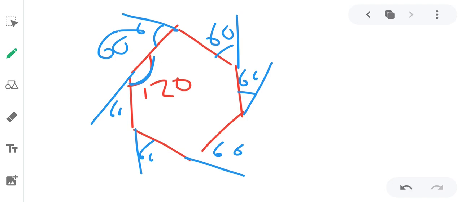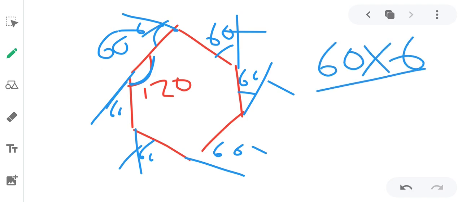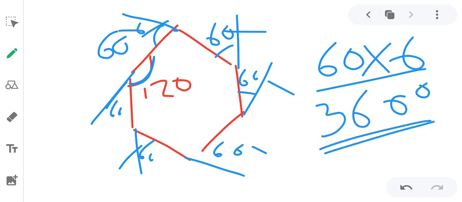So how many external angles are formed there? 1, 2, 3, 4, 5, 6. So 6 into 60 is equal to 360 degrees. Here again we can say that the sum of external angles of a hexagon is 360 degrees.